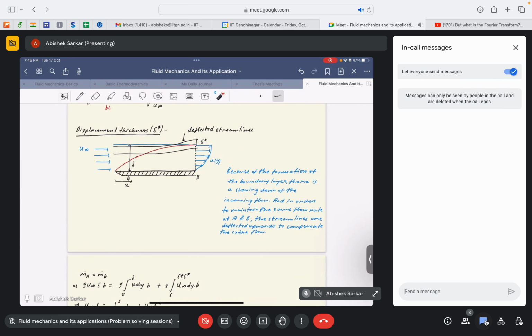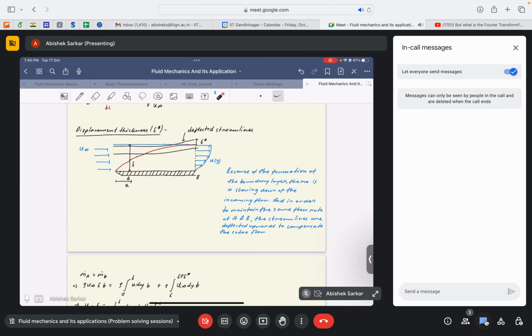Basically, the incoming velocity profile is of this form, which is uniform, and the velocity profile at the exit is of this form, so it clearly tells us that there has been some reduction in the mass flow rate. Why?